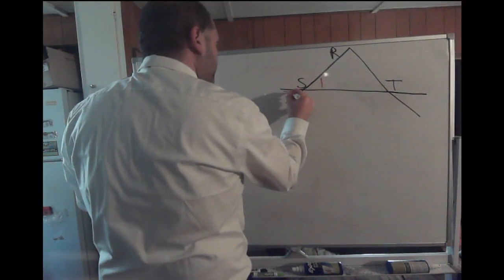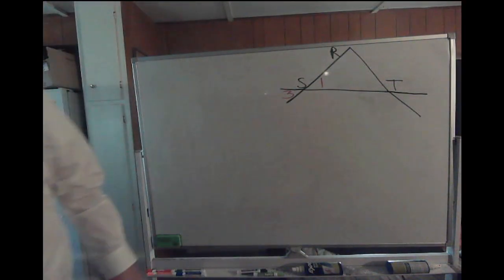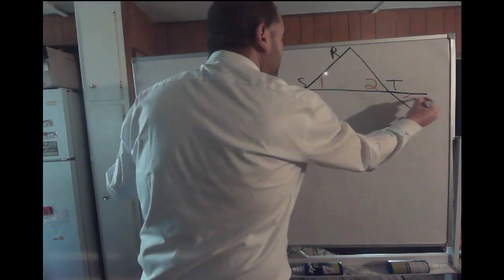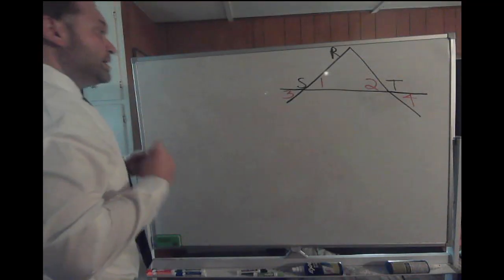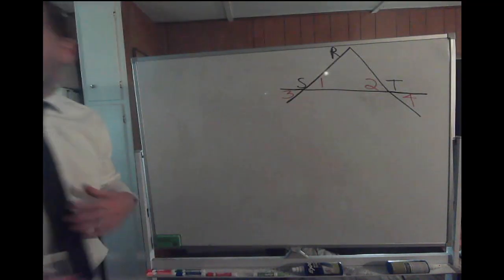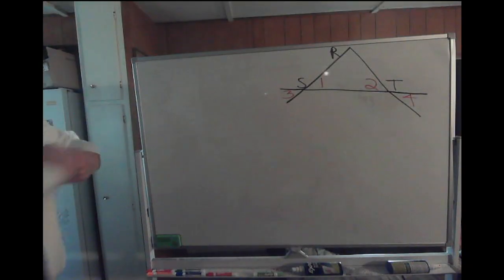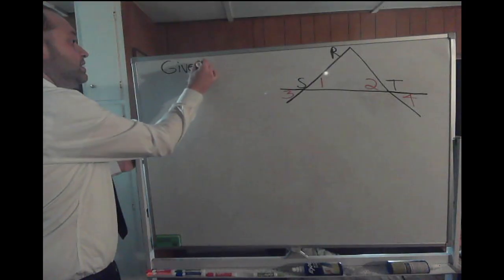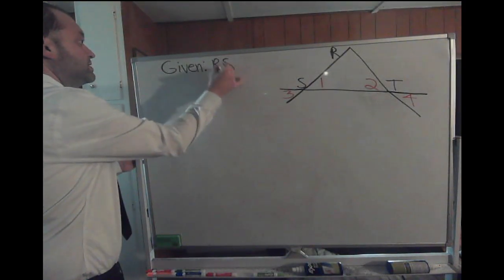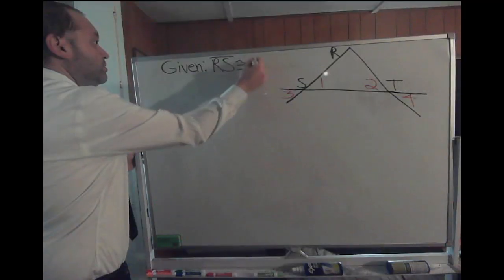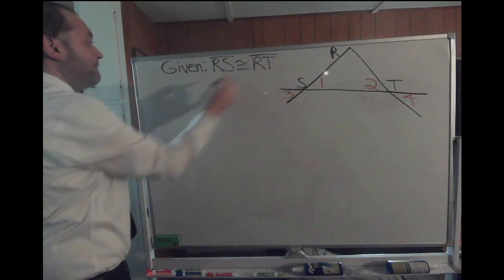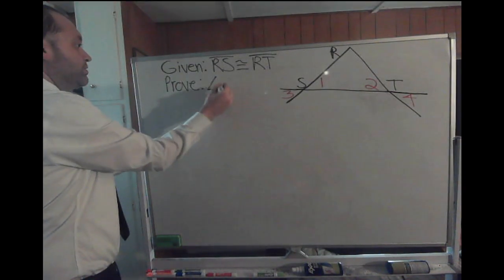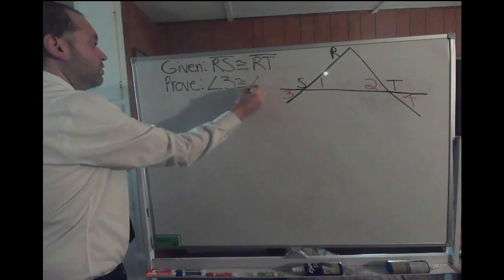Angle 1, angle 3, angle 2, angle 4. Alright, so we got our triangles here. What are we given? In this particular proof, we're given that RS is congruent to RT. We're being asked to prove that angle 3 is congruent to angle 4.